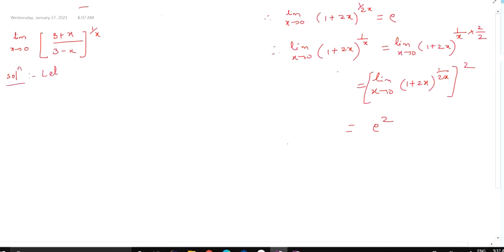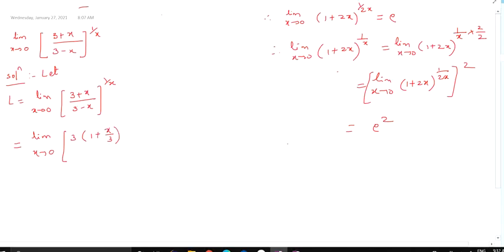Let L is equal to limit x tends to 0 of ((3 plus x) upon (3 minus x)) raised to 1 by x. So it is not in standard form. So first reduce it to a standard form, taking 3 common. So inside the bracket we get 3 into (1 plus x by 3).